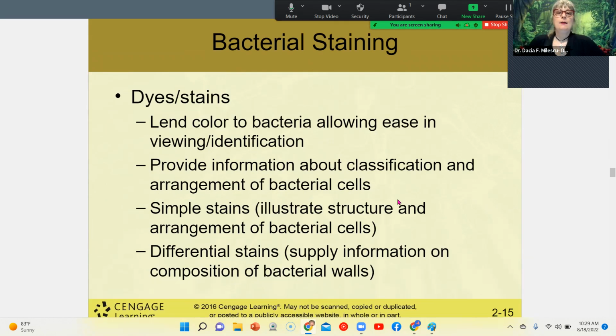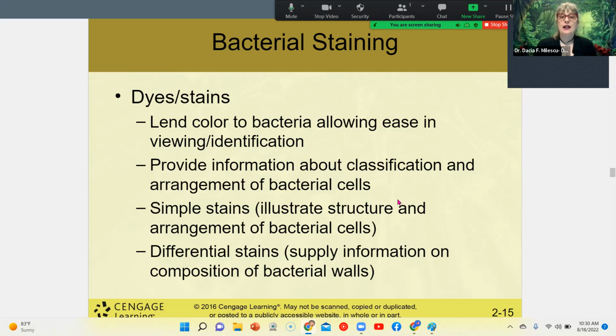Now, bacterial staining. Staining involves different dyes that improve the visual identification of the bacteria on a slide that is prepped under the microscope. The color leads to identification of the bacteria and provides the classification.